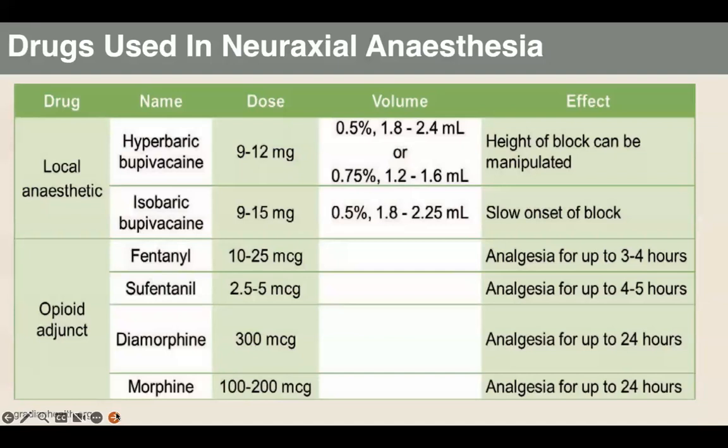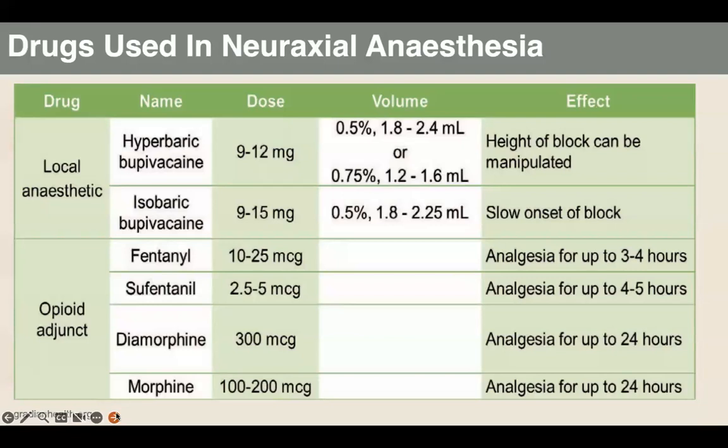But you can see there are different arrangements, such as 0.75%, which will have 7.5 milligrams of bupivacaine per each mil of the drug. And in this, the amount of drug that you're recommended to use is between 1.2 to 1.6.